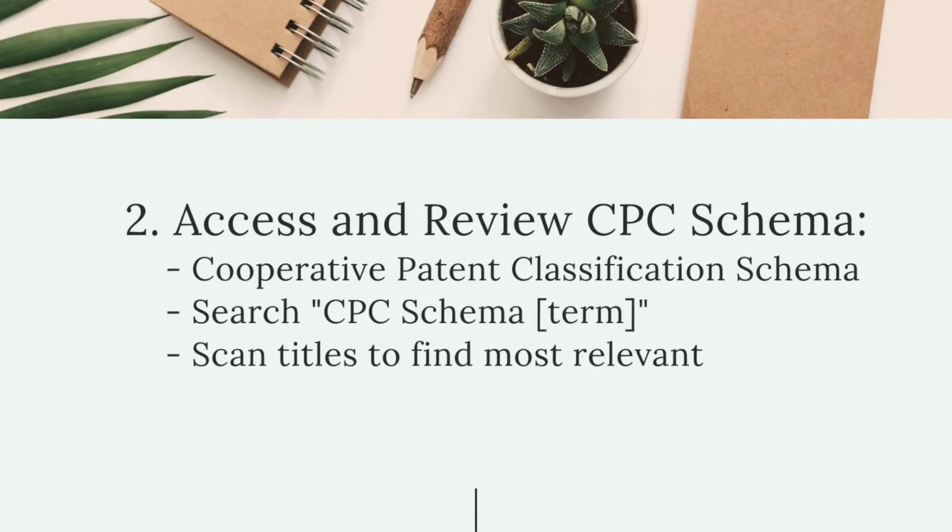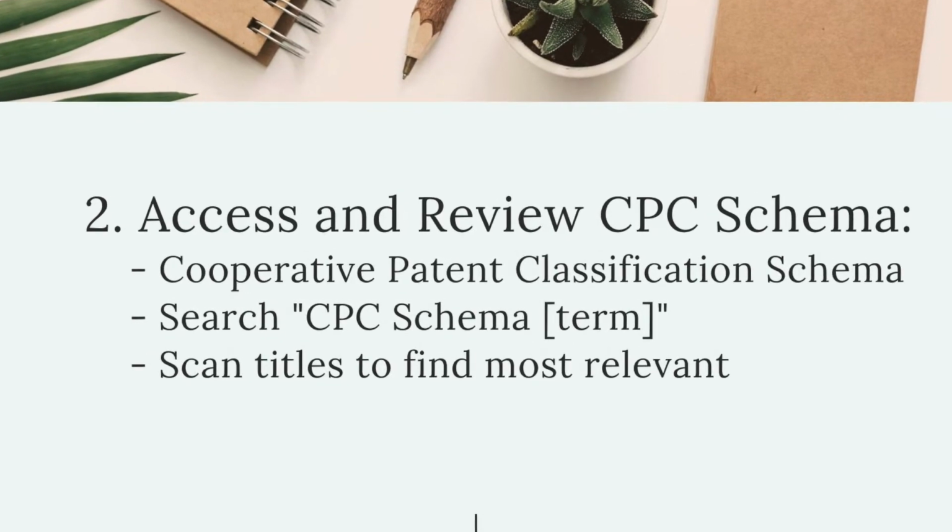So for step 2, you're going to access and review the Cooperative Patent Classification schema. That is a database, if you will, of indexes that index all the different types of arts and their subsections and subsections of those subsections. You'll see when we dig in further.